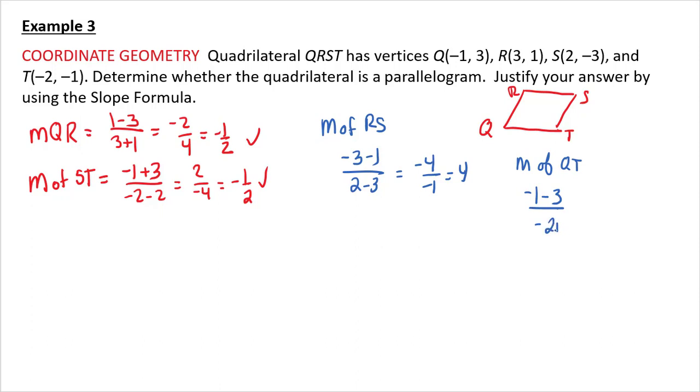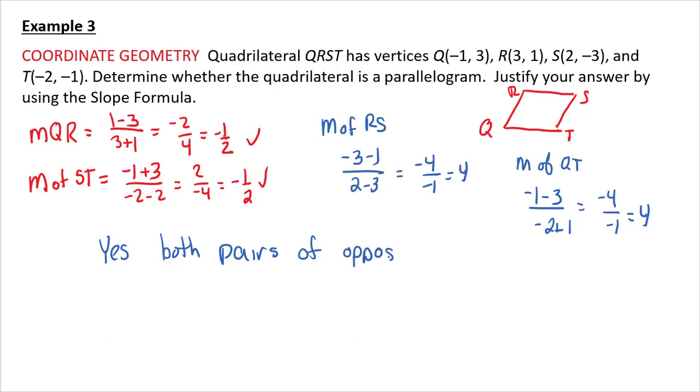So I have negative 4 over a negative 1, which simplifies to 4. So yes, both pairs of opposite sides are congruent, which gives us, wow, I'm really not doing well today, a parallelogram.